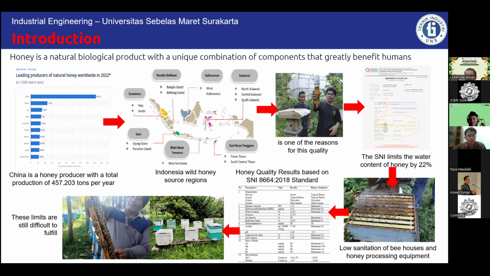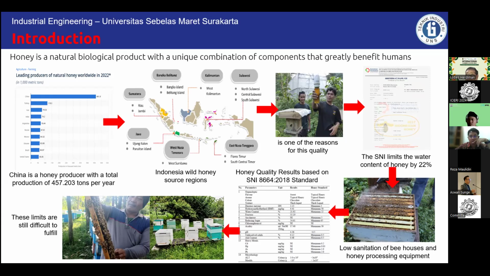The result is low market interest in local honey, and exploring this further, one of the reasons is quality. The SNI plays a crucial role in maintaining the quality of honey by setting limits such as water content of honey at 22%.